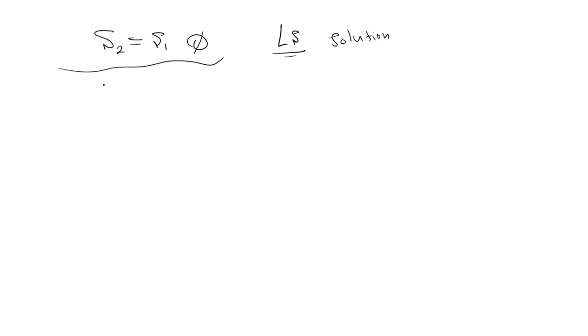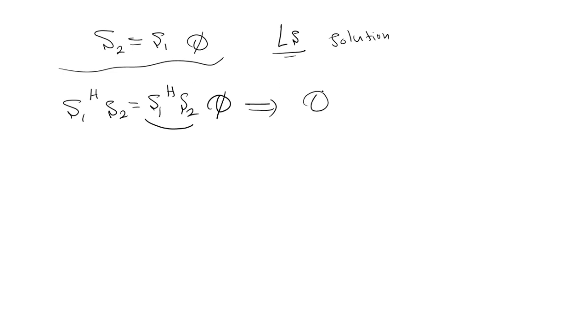Multiplying both sides by S1 Hermitian, and then using the inverse of this matrix and multiplying both sides by it, we have Phi equals (S1 Hermitian S1) inverse S1 Hermitian S2.